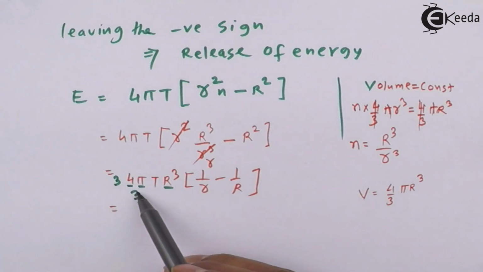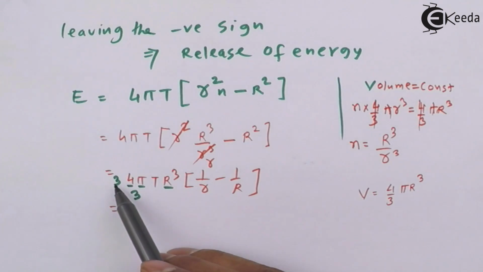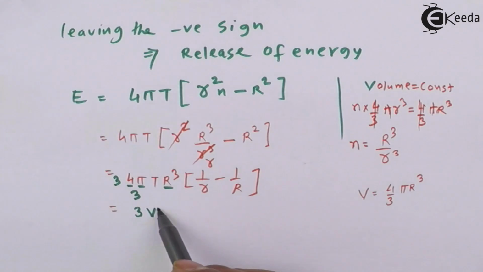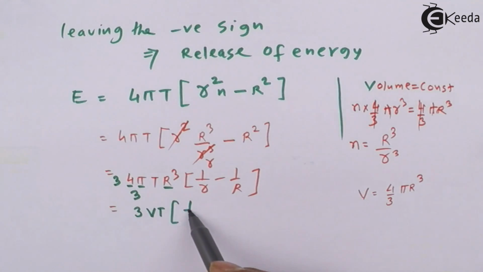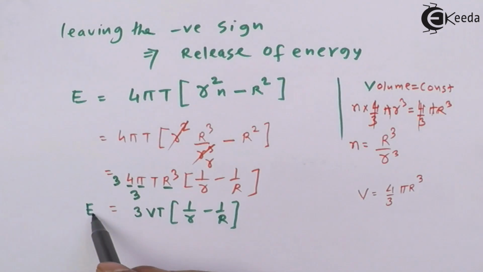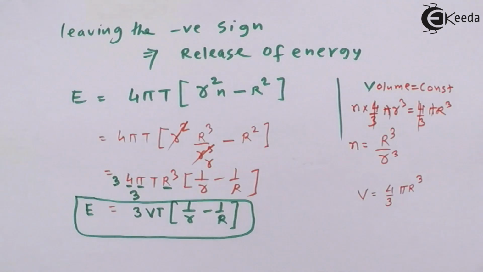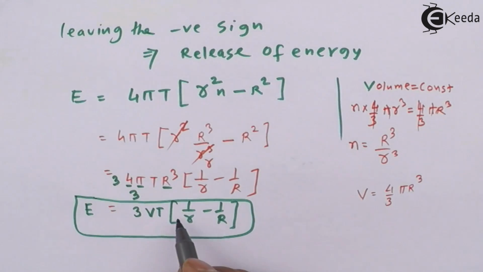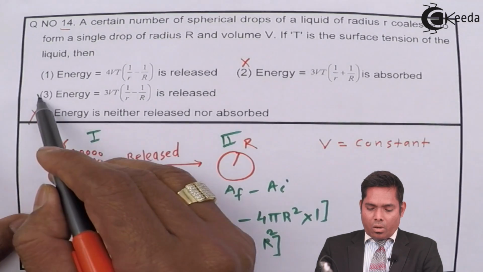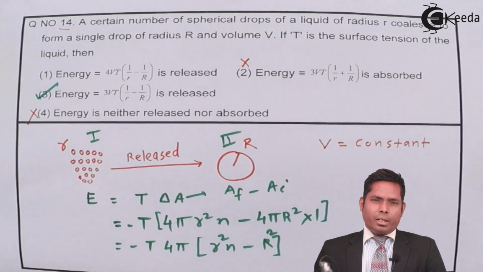Now this 4 by 3 pi R cube will become V. So this will become 3 V and T, and this is 1 over r minus 1 over R. So 3VT times 1 over r minus 1 over R. This is option number 3, which is correct. Okay, thank you.